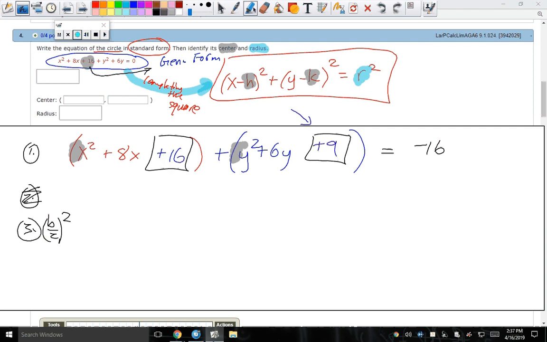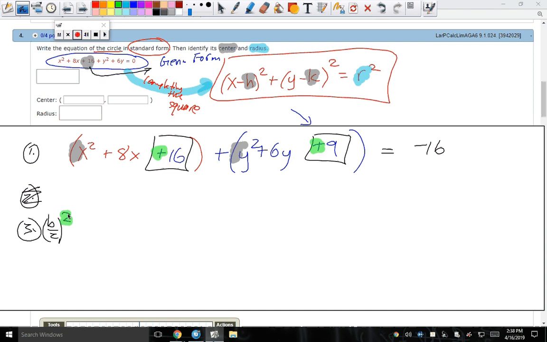Now, I got 9 because I divided 6 by 2 to get 3 and I squared it. My question to you is, will those always be positive? They will. Can someone tell me why these will always be positive right here? Because it's squared. So even if it's a negative b, when you divide it by 2, it's still negative, but when you square it, it'll become a positive piece.